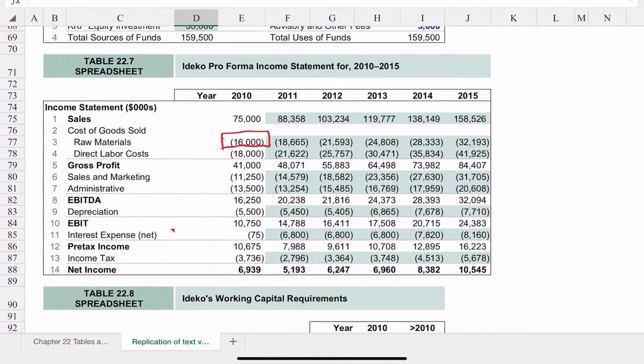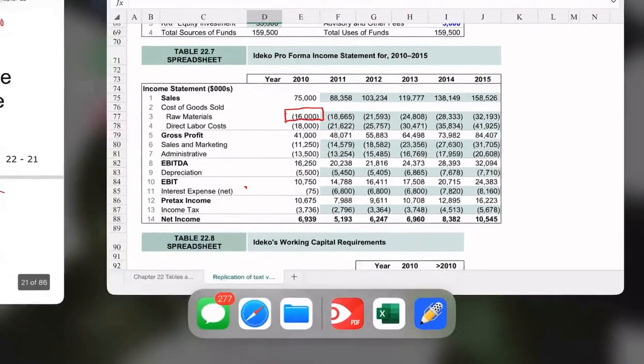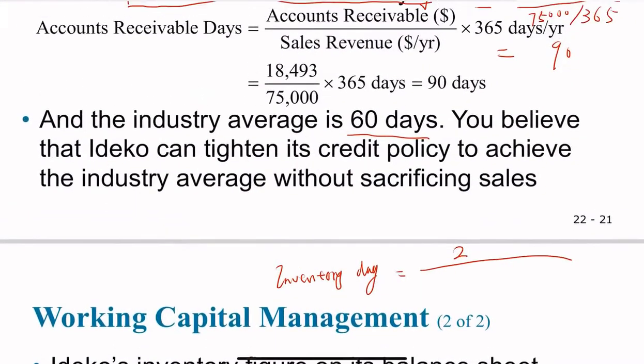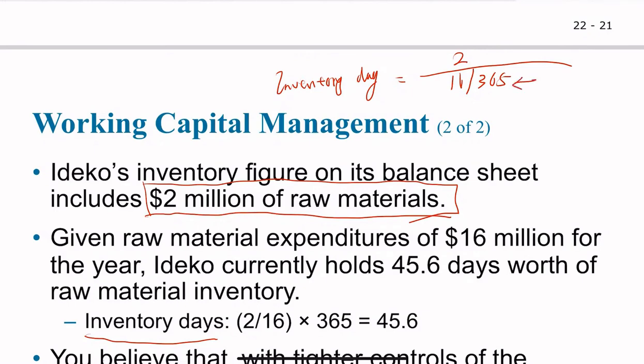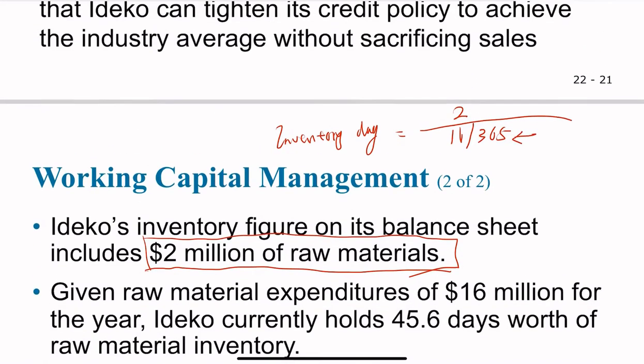You can see that it's 16,000, I think it's $16 million. So it's $60 million. And then we have 365 days. So essentially the denominator is the daily cost of raw materials. And this numerator gives you the inventory cost of raw materials.